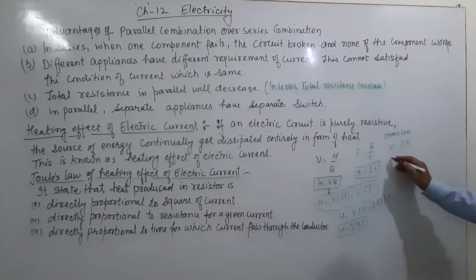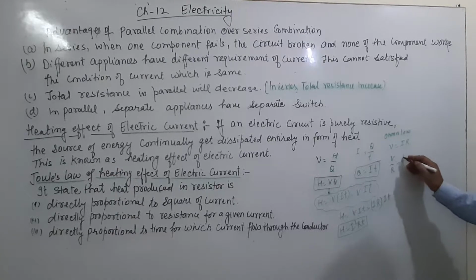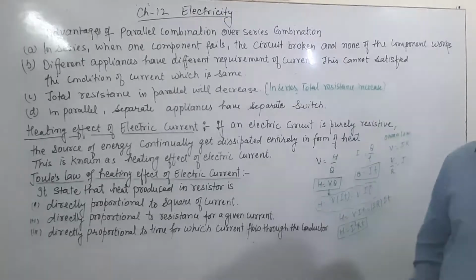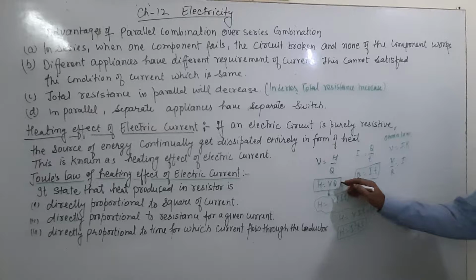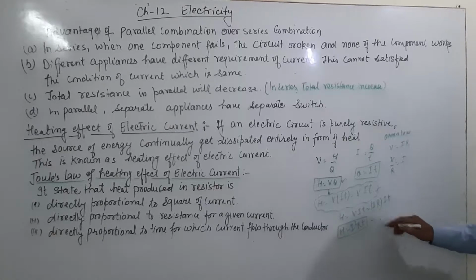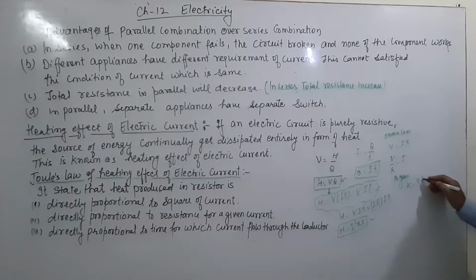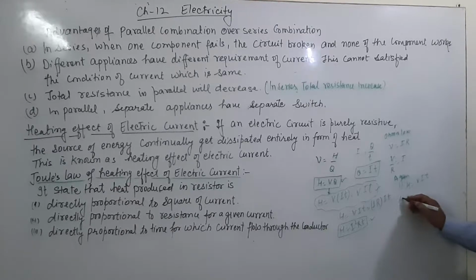And now we know very well that from Ohm's law, V upon R is equal to I. I is equal to V upon R. This is the first equation, this is the second, this is the third. And now again, H is equal to VIT, and what is the value of I?